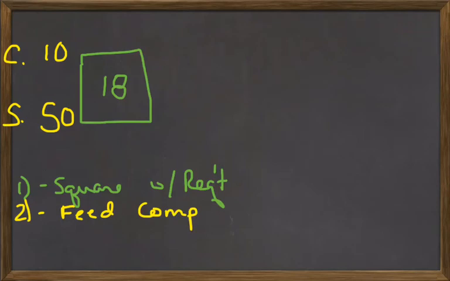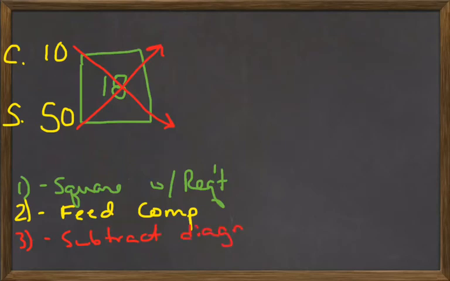Third step that we're going to do is where it gets a little bit strange: we are going to subtract diagonally. Okay? We just want absolute numbers. We don't care about negative signs or diagonally.